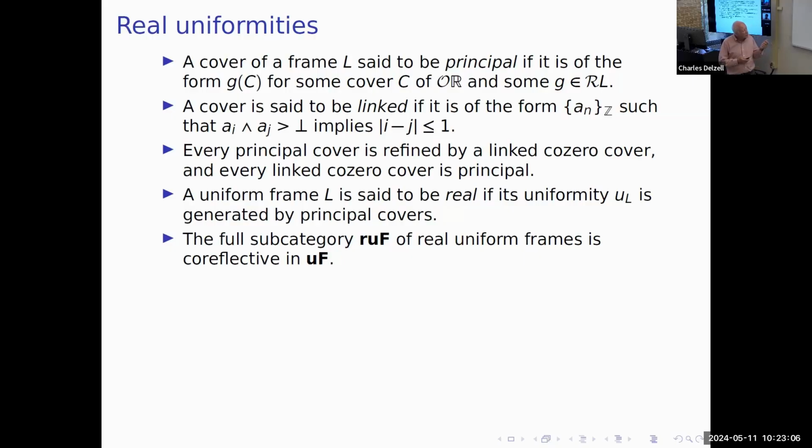Two elements which meet non-trivially have to be adjacent in the indexing. Every principal cover, or that is every cover which comes from an R of L, is refined by one of these linked cozero covers. Why? Because that's true of the real numbers. Every cover of the real numbers is refined by a linked cozero cover.